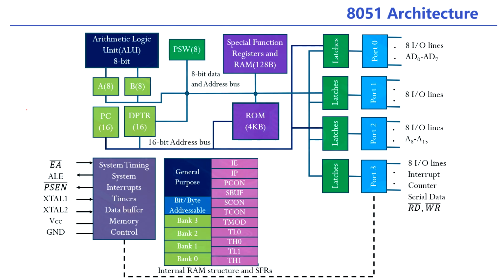Understood? At the bottom, we have the system control block, which includes timing circuits, interrupts, timers, and memory control signals. Finally, signals like EA, ALE, PSEN, RD, and WR are used for controlling external memory and communication.